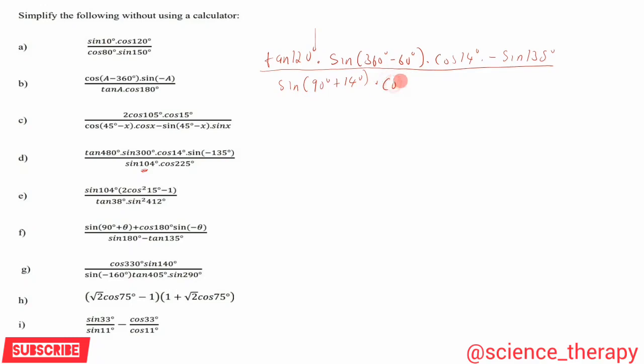Then we have cos 225 degrees, which for this one we're going to use 180 degrees plus 45 degrees. With this one, I'm avoiding using 270 minus theta. So always in the third quadrant, you should avoid using 270 minus theta.